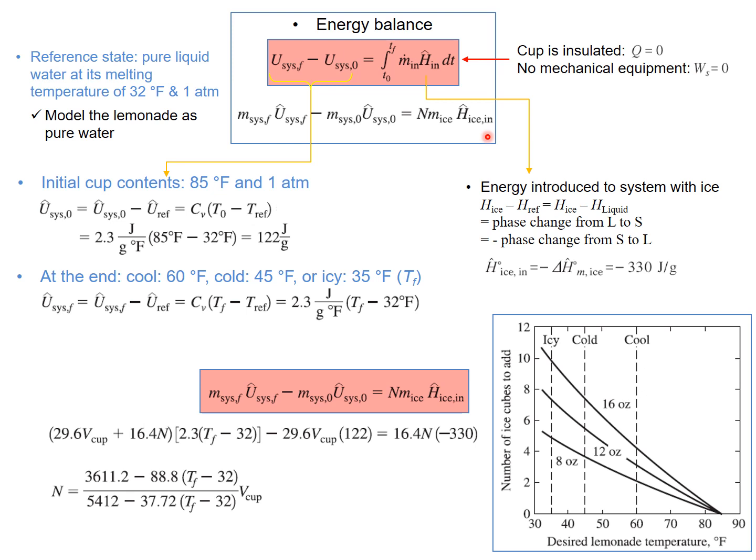Okay, the reference state in this case is pure liquid water at its melting temperature of 32 Fahrenheit. It means 0 Celsius degrees and 1 atm. Behind the reference state, we have some assumption that the lemonade is modeled as pure water.